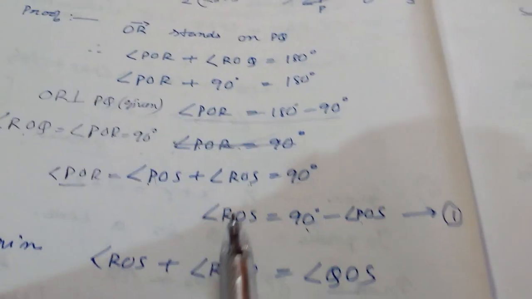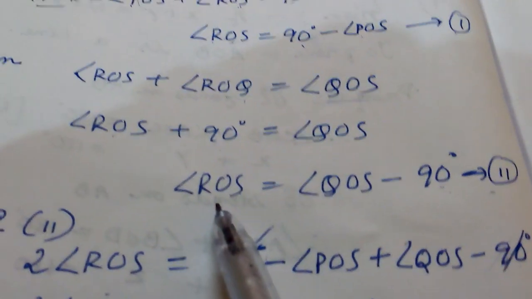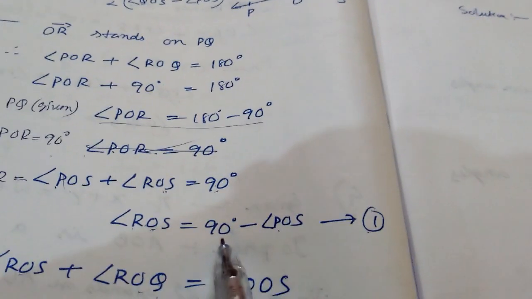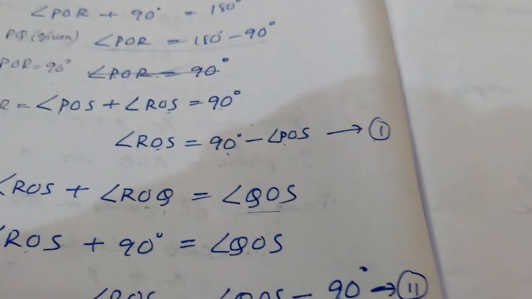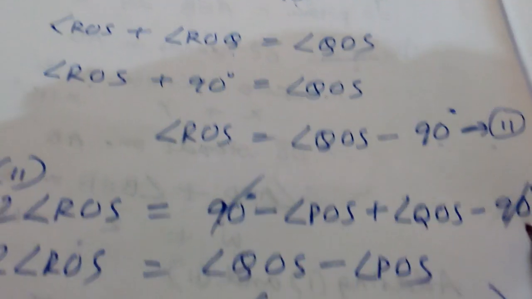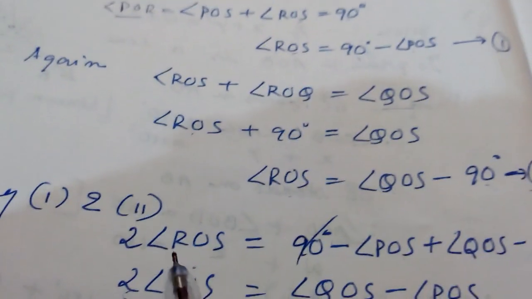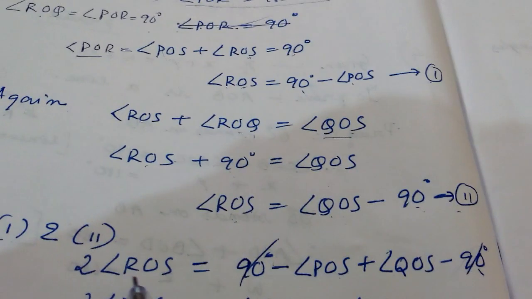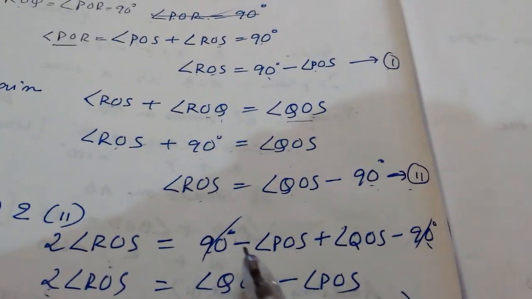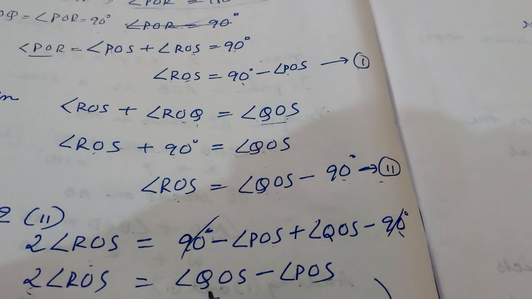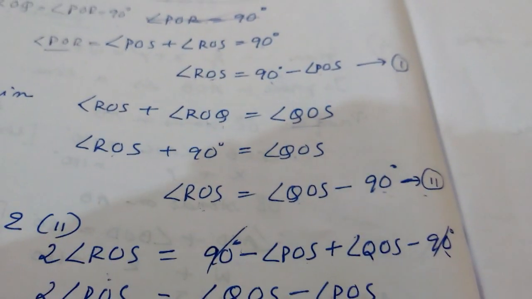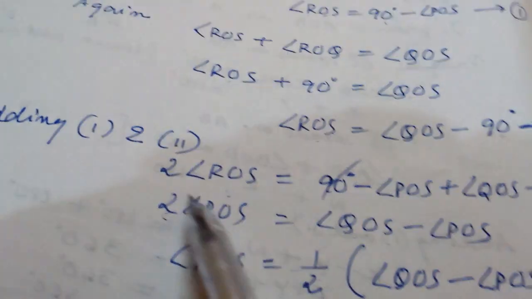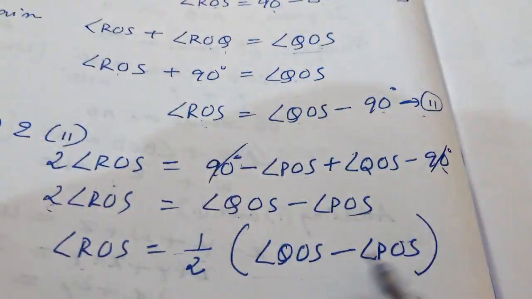Adding 1 and 2, ROS plus ROS, 2 ROS is equal to 90 minus POS plus QOS minus 90. The 90 cancels. We write QOS first, QOS minus POS. Therefore, 2 ROS is equal to QOS minus POS. ROS is equal to half of QOS minus POS, divided by 2. Proved.